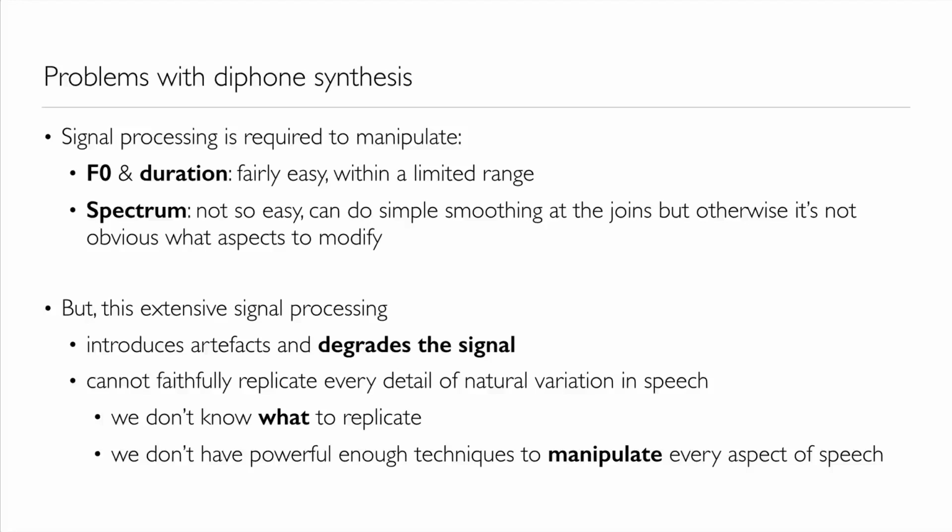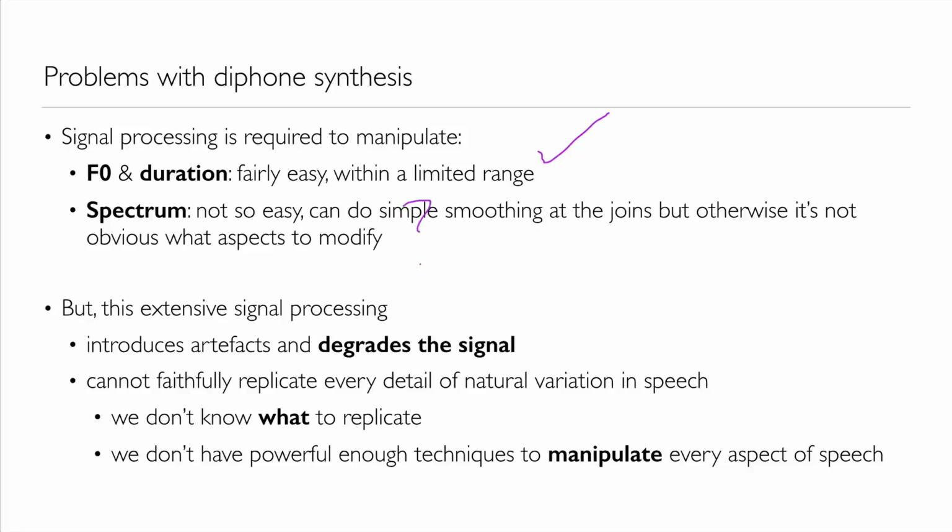The most obvious example of that would be prosody, where we would need to modify F0 and duration to impose some predicted prosody. Now, we have signal processing techniques that can do that reasonably well, so that seems okay. What's less obvious are the more subtle variations, for example, of the spectral envelope, for example, with voicing quality, or things that do correlate with prosody. It's not obvious what to modify there, and our techniques for modifying spectral envelope are not as good as the ones for modifying F0 and duration.